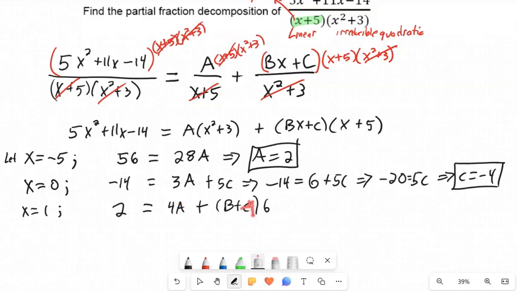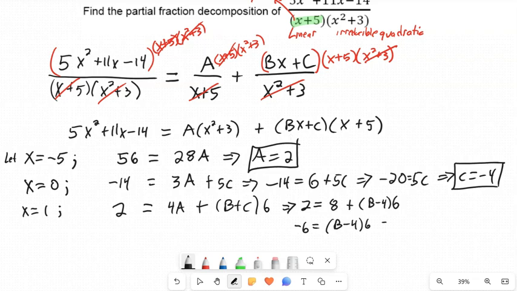And out of this, we should be able to solve for b. That is one approach. Let's finish it. a is 2, 4 times 2 is 8, plus b minus 4 times 6. Subtract the 8. Divide by the 6. And out pops b equals 3.